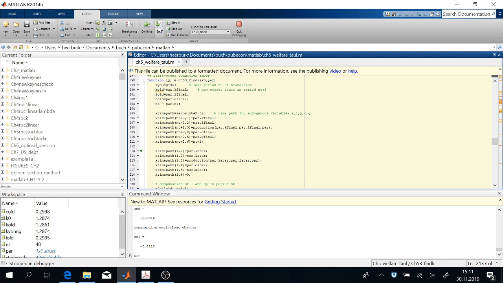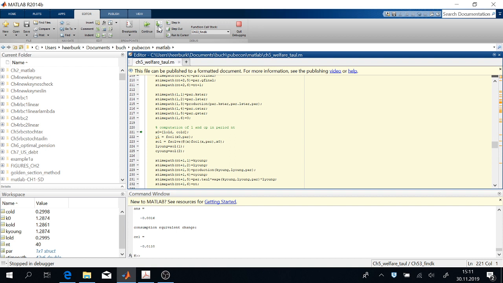In period 0, when we are in the old steady state, we save the variable values in the first row of the matrix X time path for K, L, production, consumption, tax revenue, and period 0. Now we have to compute the labor supply and consumption for given value K40.